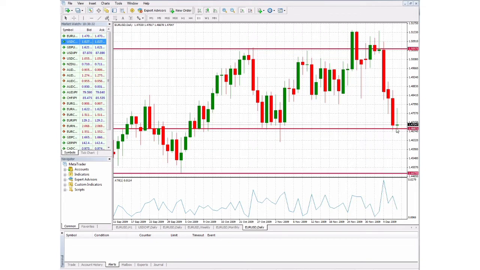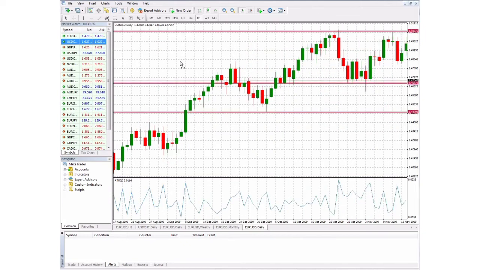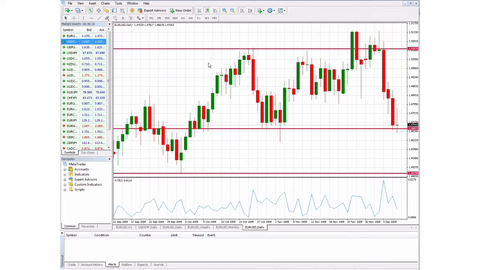So support and resistance gives us a number of things to look at. And one of the important things is a level of risk and reward. So say, for example, we're up here and we travel down, we come down here, and we're moving back up.